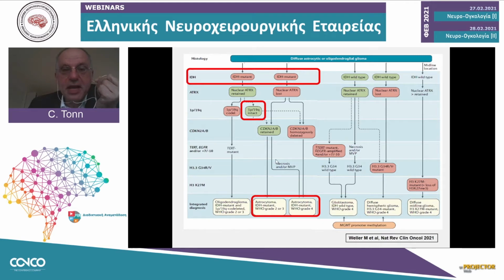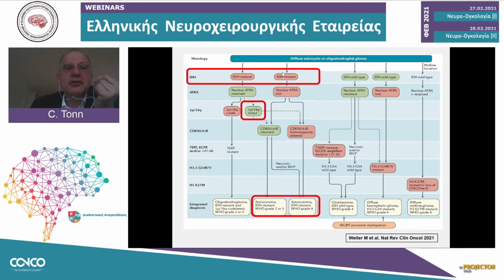So that's a major difference to the former world where necrosis was linked to glioblastoma. And then sometimes you had something like an IDH mutant glioblastoma.